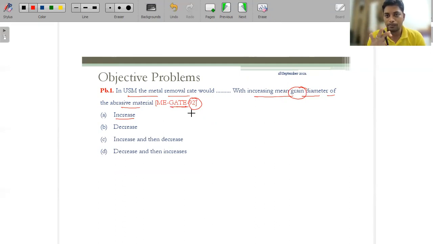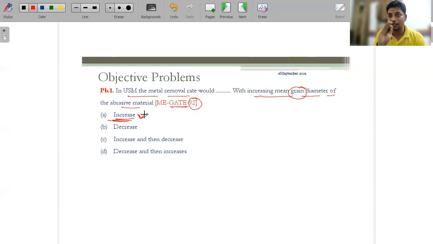When we increase the grid diameter, for some time it increases. Till the optimum value of the grain diameter, obviously it increases, but that is up to the optimum value only.